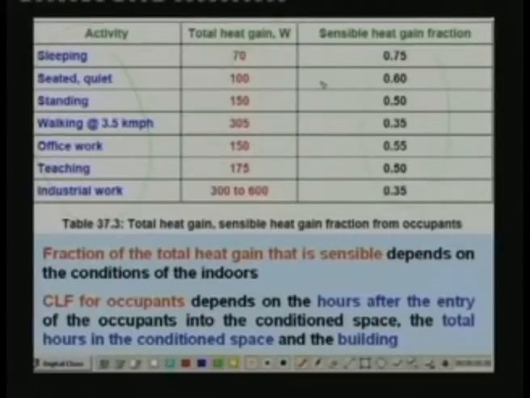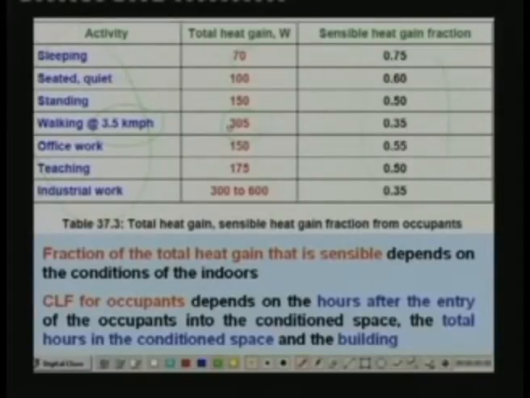And if the occupants are seated, then they release about 100 watts of heat per person, and out of this 60% is sensible heat and 40% is latent heat. Similarly, for different activities, for example, if the conditioned space has people who are walking at a rate of 3.5 kilometers per hour, then they release a much larger amount of heat because of higher activity.